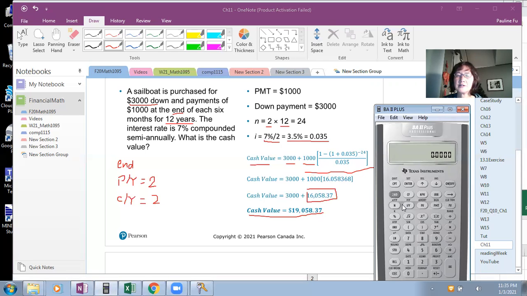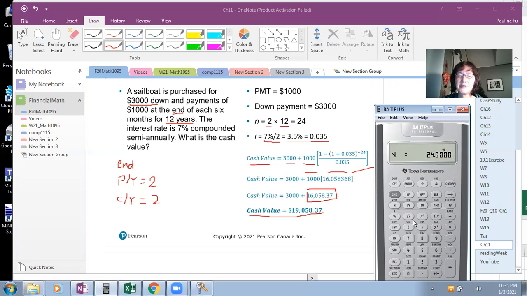So second, PY, 2, enter. Down arrow key, CY is 2, enter. Second, quit. And now enter the numbers. 1,000 is PMT, negative PMT. 24 is term N. Interest is 7.